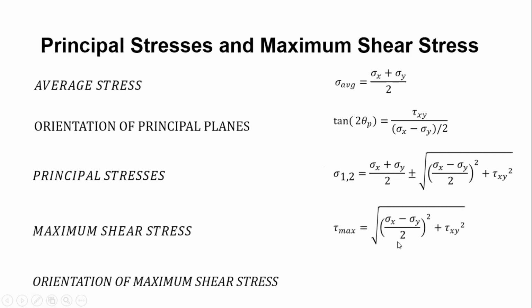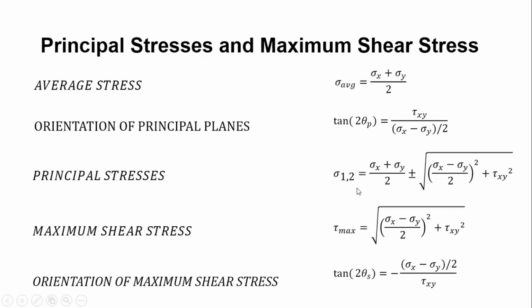Maximum shear stress, tau max, is equal to the square root of sigma x minus sigma y over 2 squared plus tau xy squared. And the orientation of the maximum shear stress is given by the formula tan 2 theta s equals negative sigma x minus sigma y over 2 divided by tau xy.